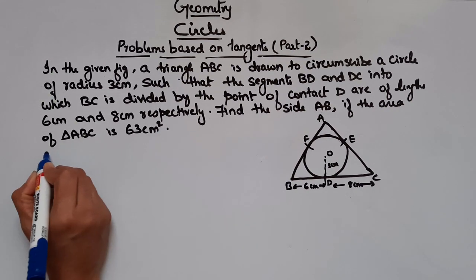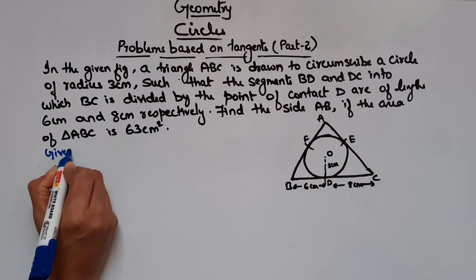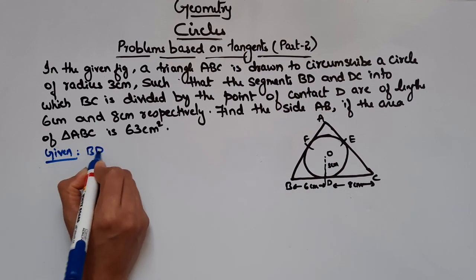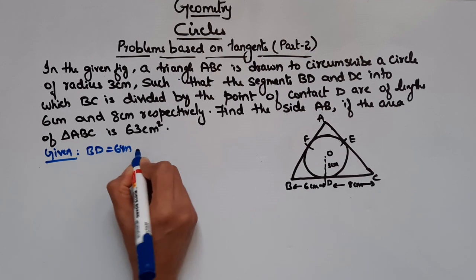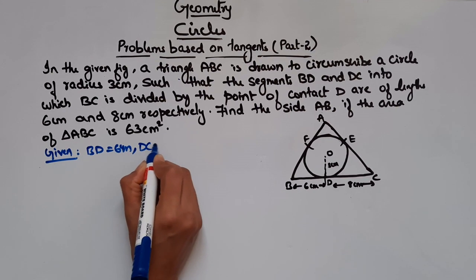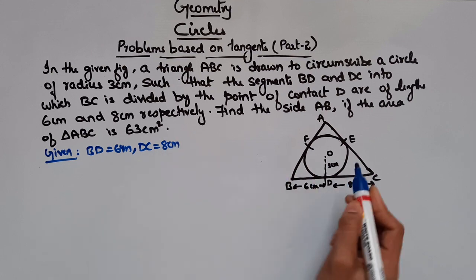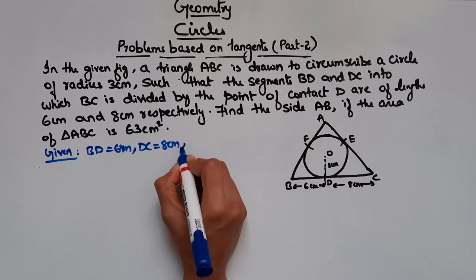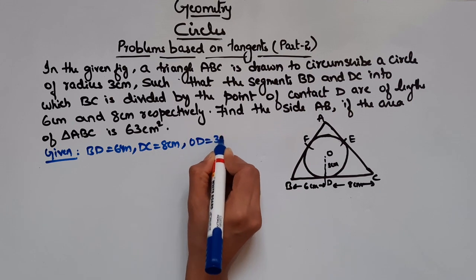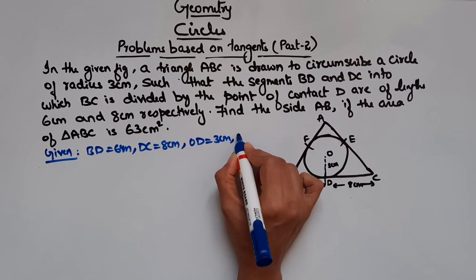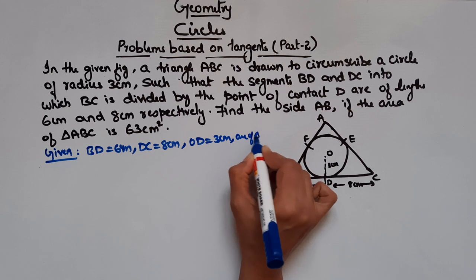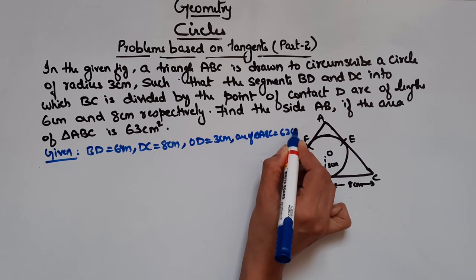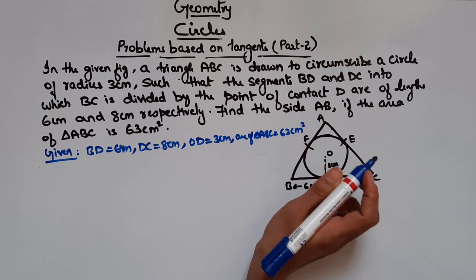So first let's write what is given. Given here is, we know BD is equal to 6 cm and DC is equal to 8 cm. Here OD is nothing but the radius of the circle. So we know OD is equal to 3 cm and the area of the triangle ABC is 63 cm square, right?